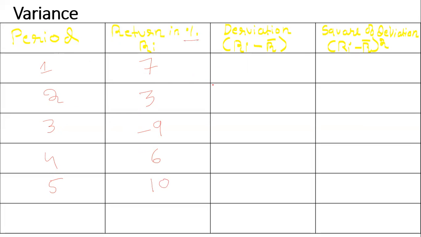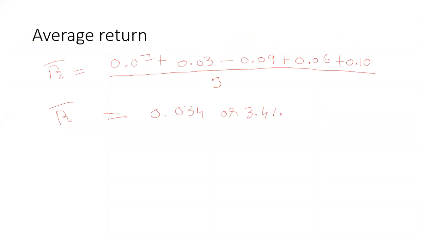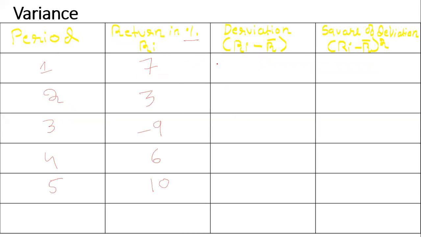Now for the deviation, we have calculated R bar as 3.4%, that is the average. So 7 minus 3.4 is 3.6.